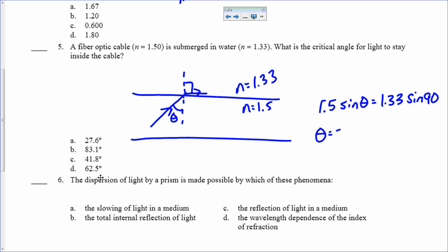So theta is the inverse sine, this is for the critical angle, of 1.33 over 1.5. It's 62.5 degrees. That is D for number 5.